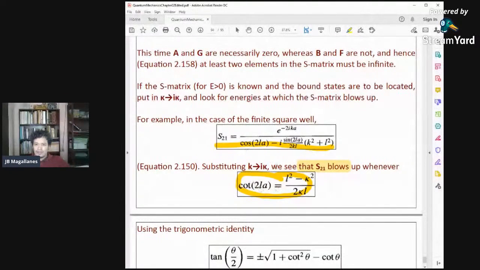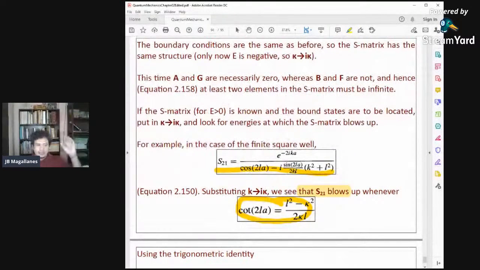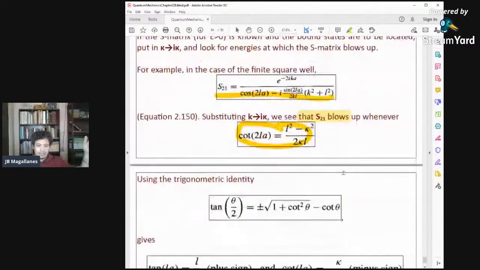So if this is the condition, then this one will blow up, this will go to infinity. That blowing up will give you the bound state, because this is for the scattering state. And if this element blows up, then that gives you the energy for the bound state.